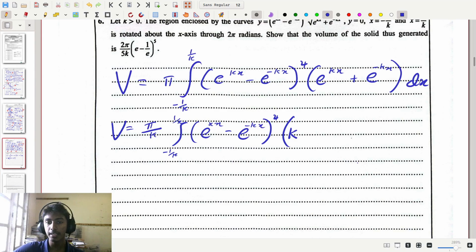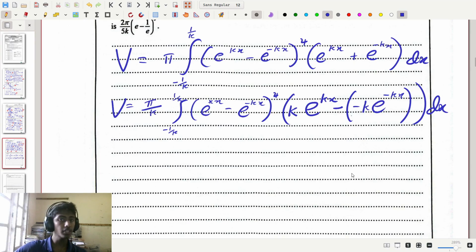So we have k times e to the power of kx plus e to the power of minus kx times k. Now here I'm additionally going to do another step. I'm going to replace this plus sign in the middle with a minus sign. So now we have that, and that's integrated with respect to x.